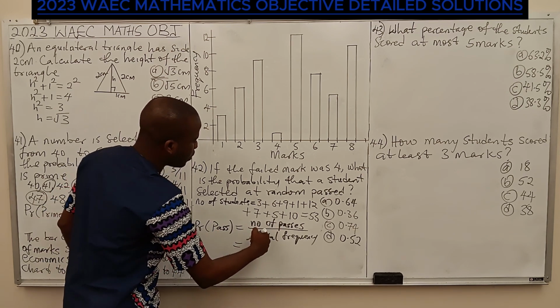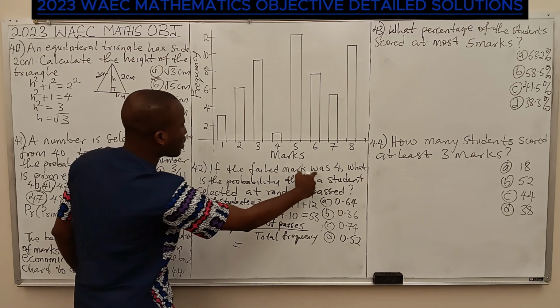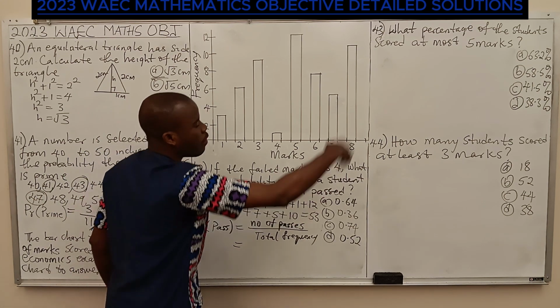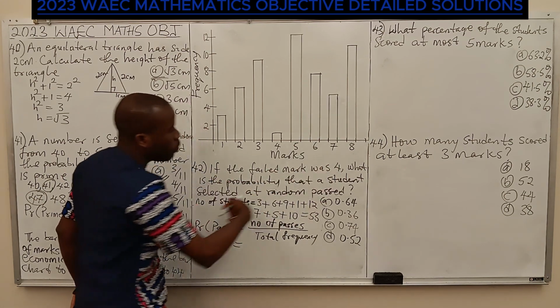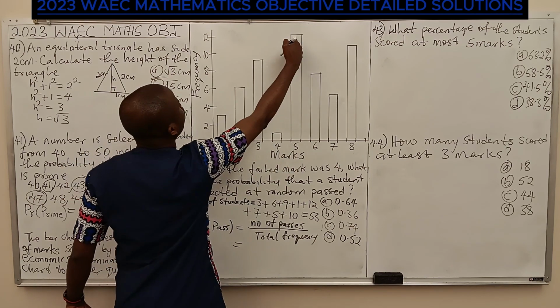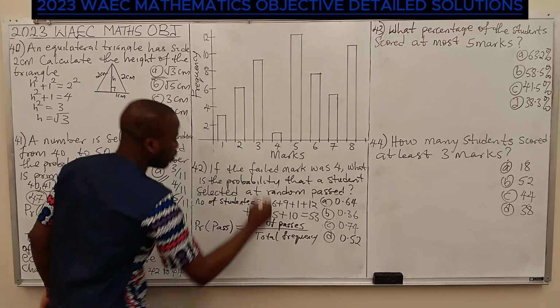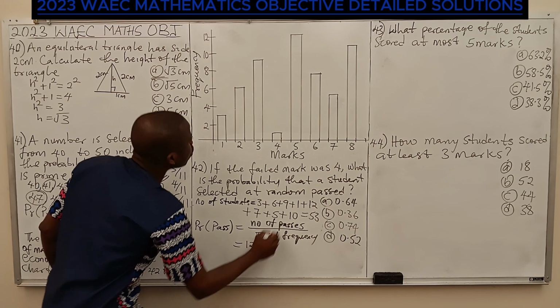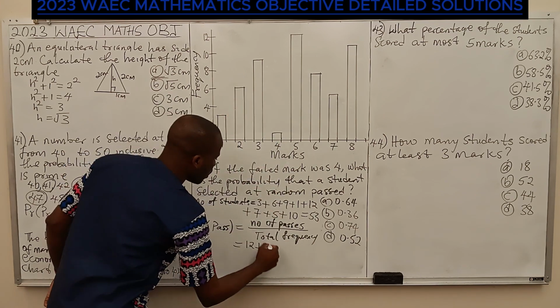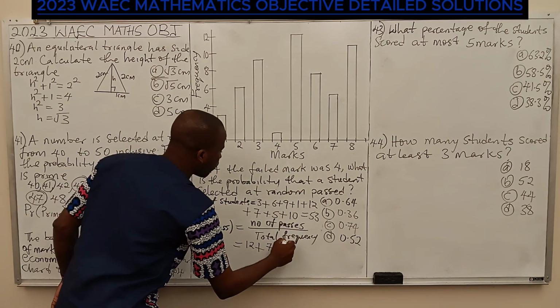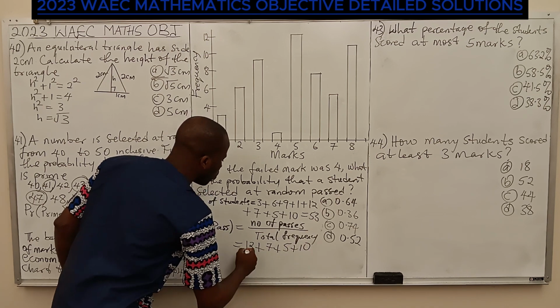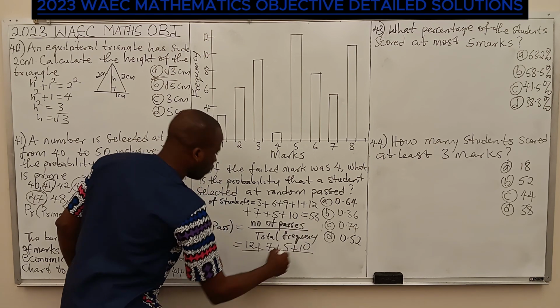So number of passes, since the pass mark is 5 and above, failure is 4 and below. So number of those that got 5 and above are 12 plus 7 plus 5 plus 10 over total number, which is 53.